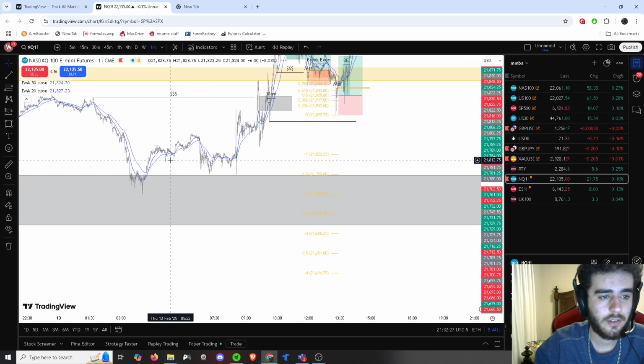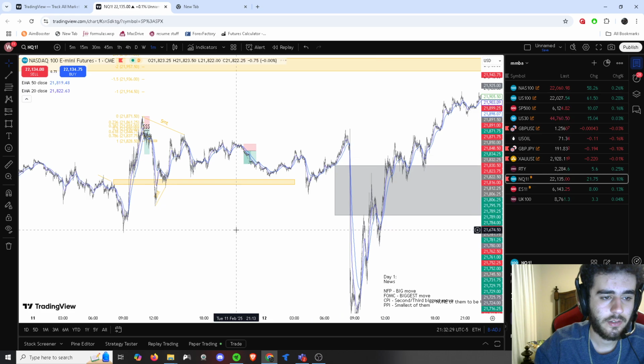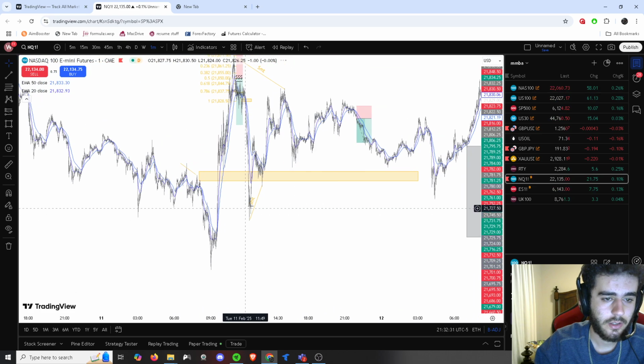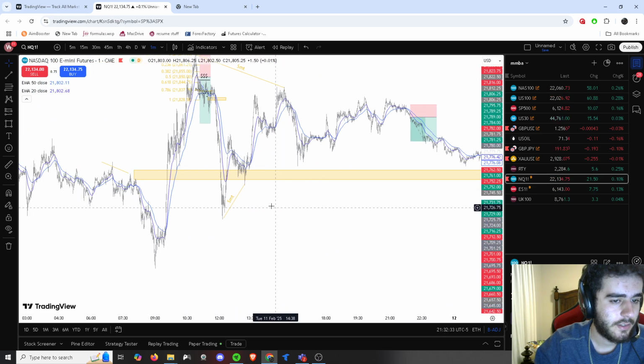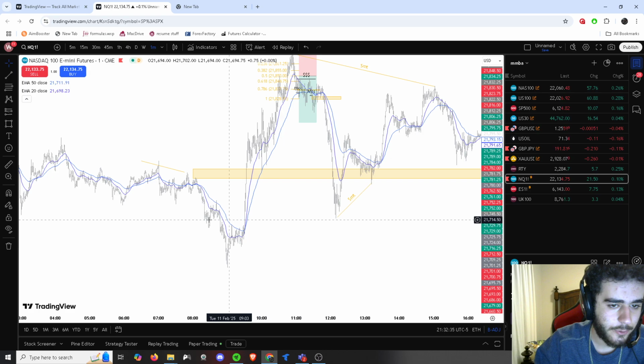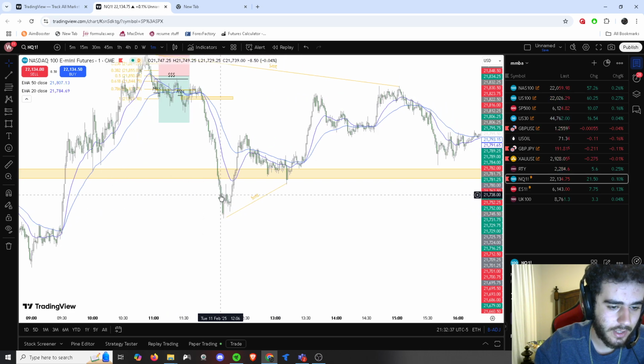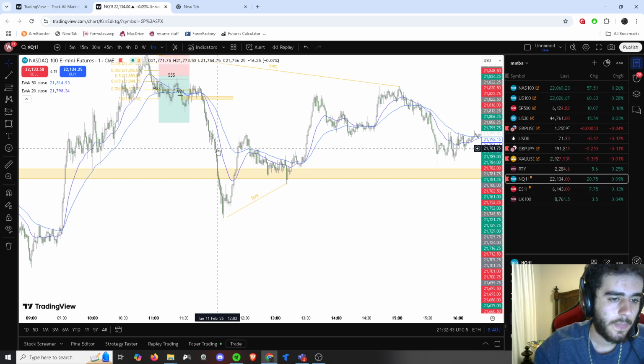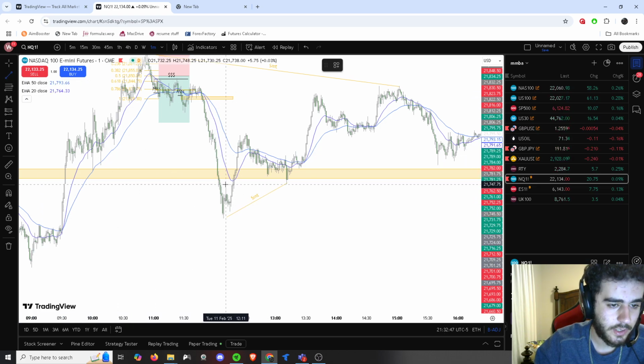This is quite the marathon for me. And here we go. Completely swept this 1 hour. You will notice it closed above it and then came, swept it, and market structure shifts.